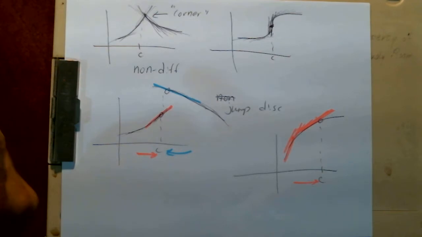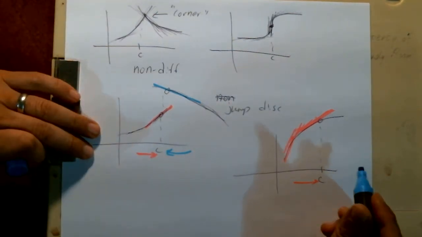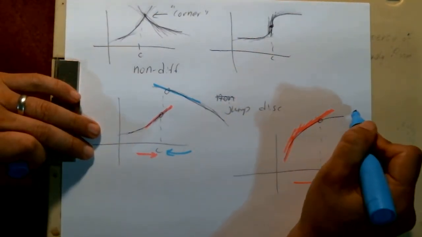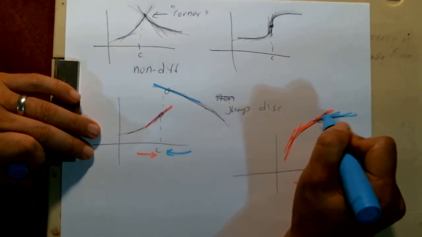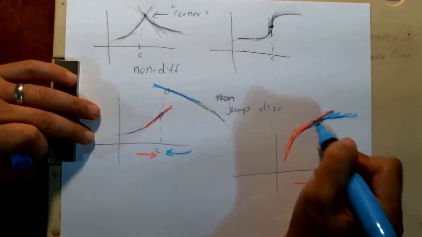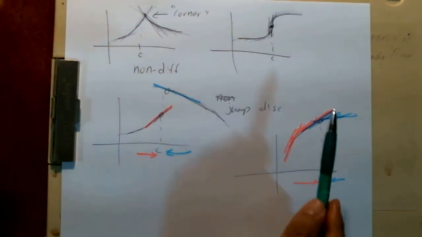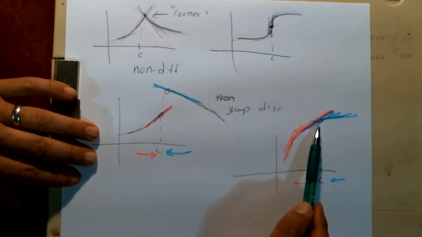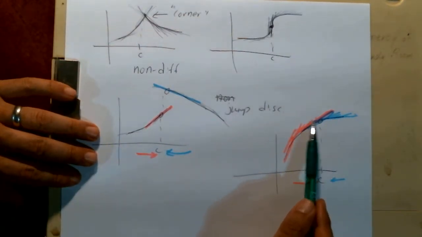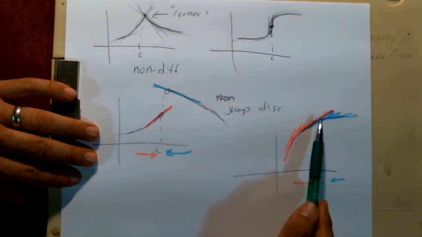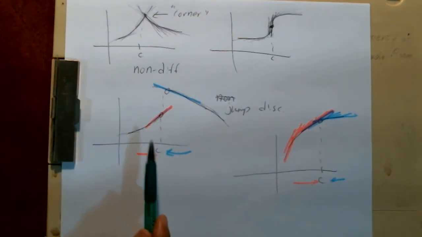As you go from the right, using my marker right over here, here's your slope, and you're going towards the same slope. So this is called a point discontinuity, and you are able to take the derivative at a point discontinuity, but not at a jump discontinuity.